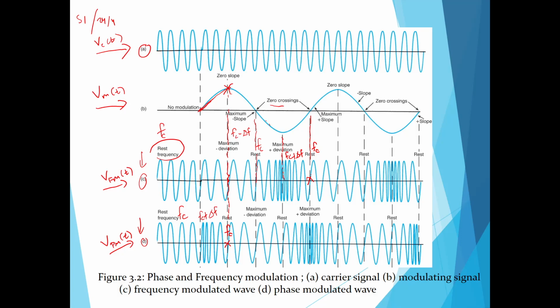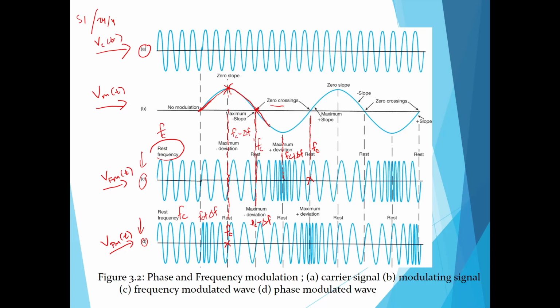And when the wave moves from positive to negative, it crosses the zero axis, zero crossing. The output will show the maximum negative variation, meaning the carrier frequency will be at Fc minus delta F. So from positive towards negative, it will produce output with minimum frequency.